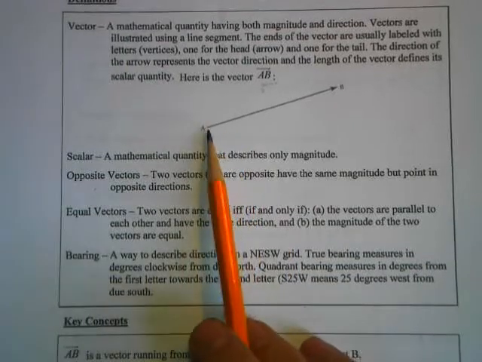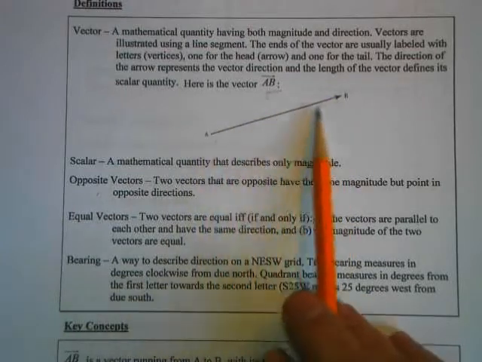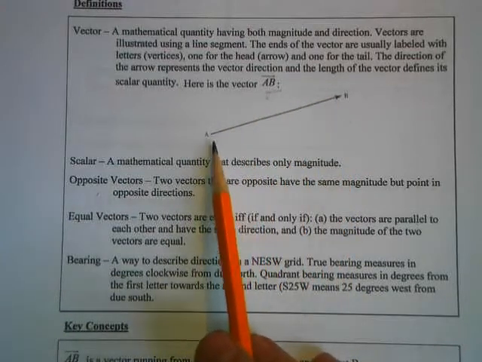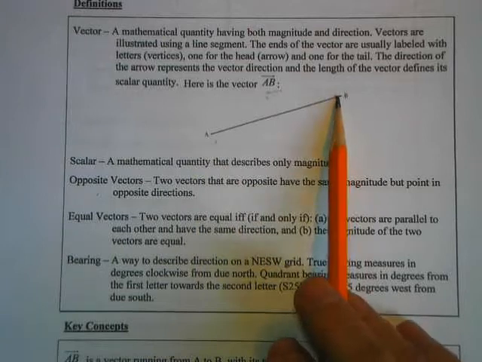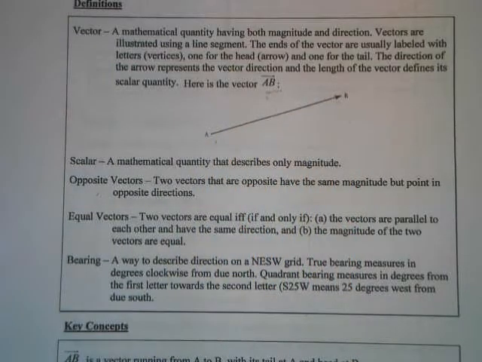In fact, in this vector here, vector AB, we could actually say that vector AB and vector BA are opposites.